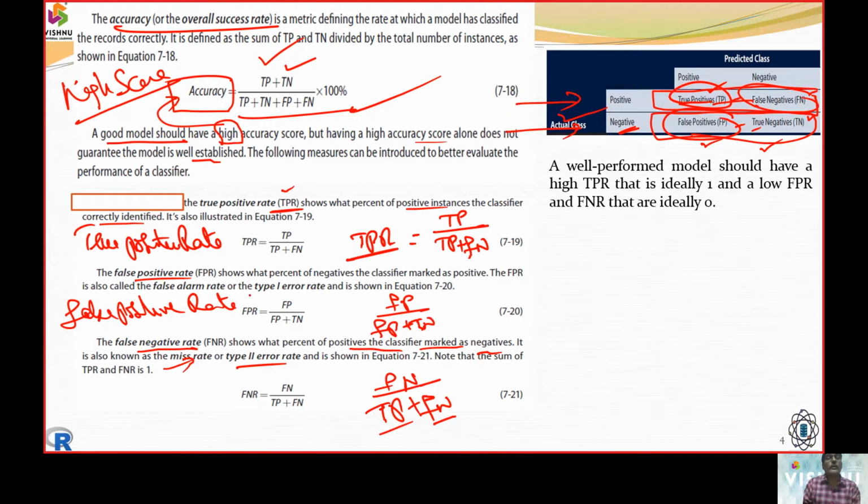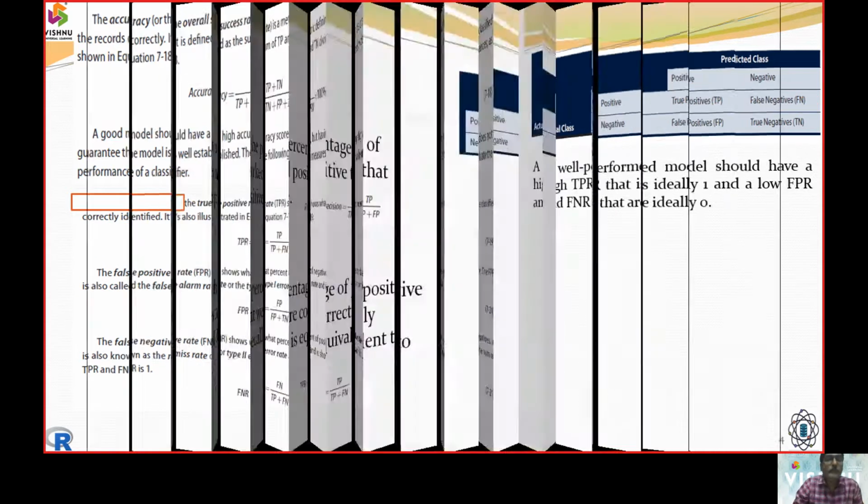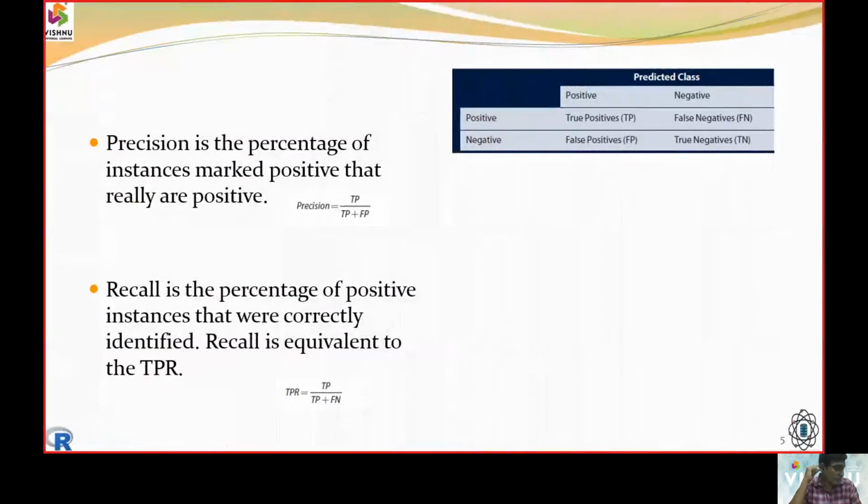So this is what we get with the values: true positive rate, false positive rate and false negative rate. Is this enough? No, it is not at all enough. Accuracy, we call it the F measure.